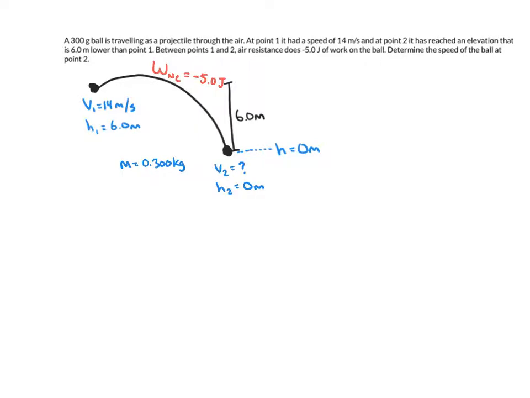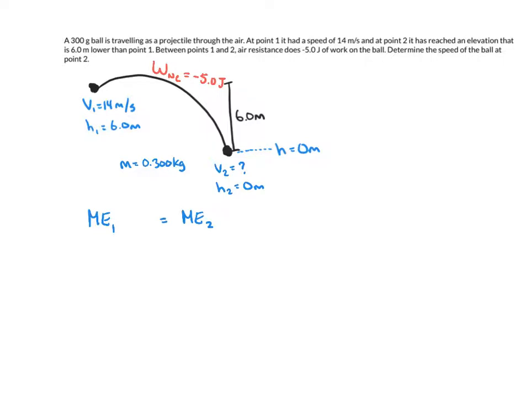All right, now I'll go ahead and try to apply the conservation of energy formula from the previous lesson. So I'll start at the very beginning. Mechanical energy at point 1, I'm going to leave a little space here, equals mechanical energy at point 2.